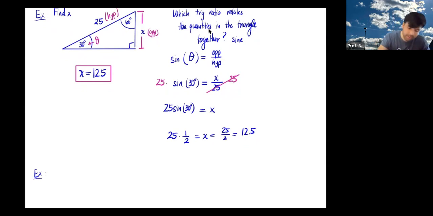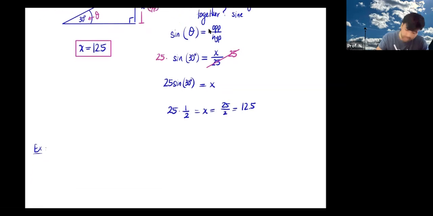For example, what if I get this? Another right triangle. In this case, I have theta. Sorry, theta is 36 degrees. This is 36 degrees. This is 12.